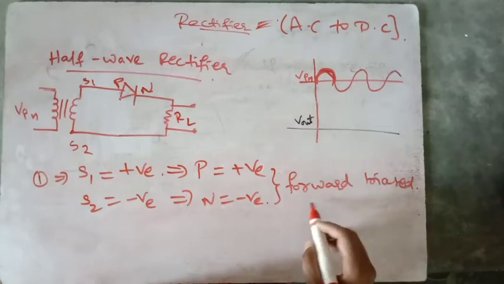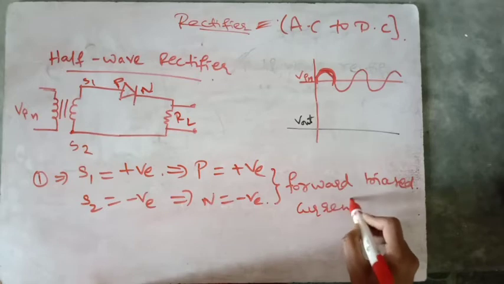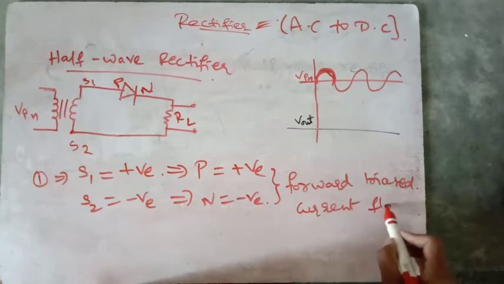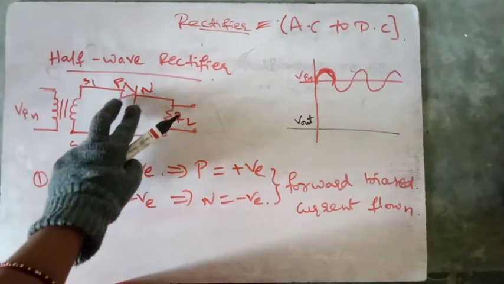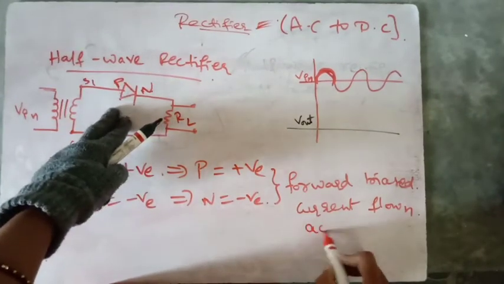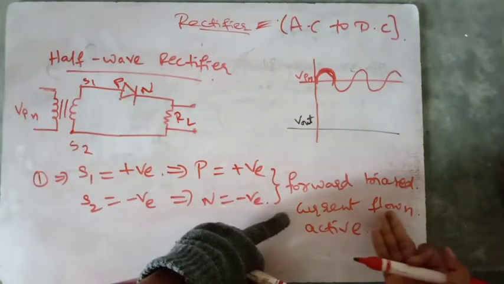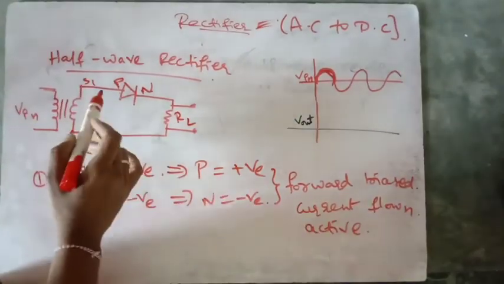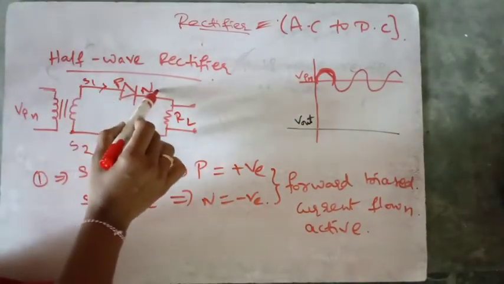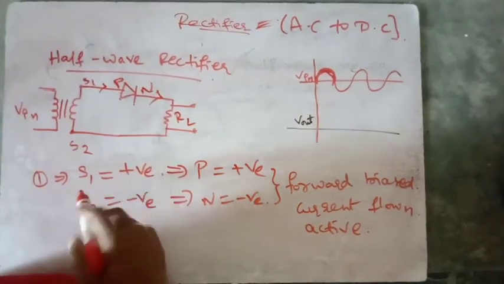Hence there will be current flow. If the PN junction diode is forward biased, then the diode is said to be active. If the diode is active, then the current flows through this PN junction diode, or the diode allows the current flow.